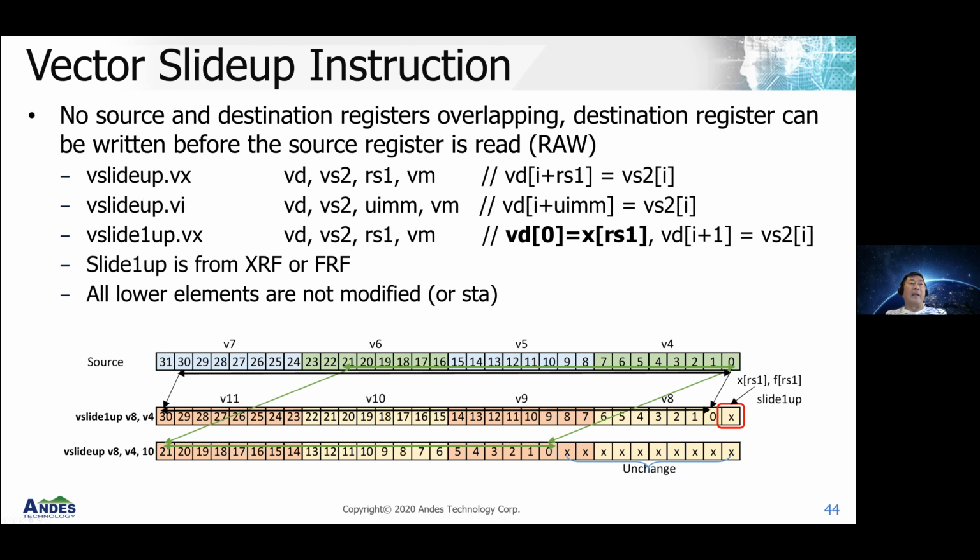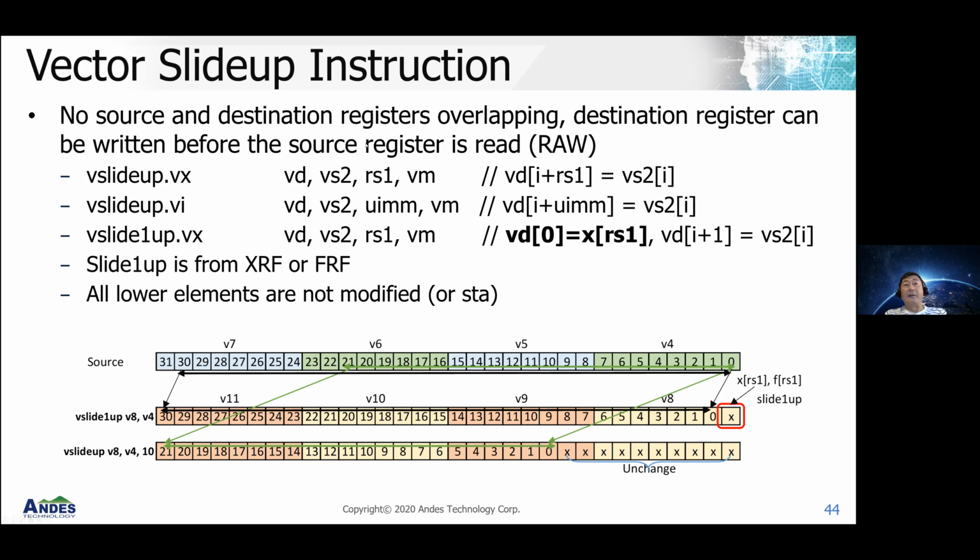The purpose of this is that you can do slide up by one and keep on shifting the data from the scalar register. You can use that to make sure that the data in all the vector register is correctly shifted into the vector register.